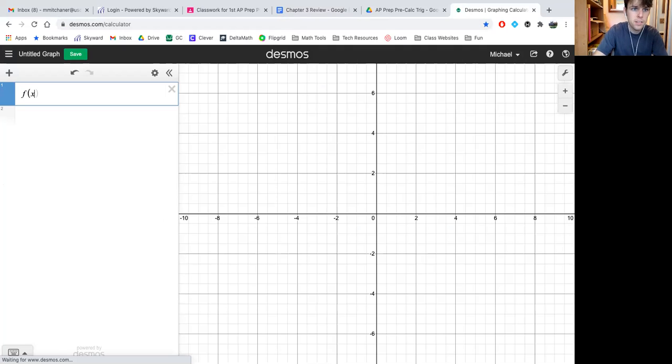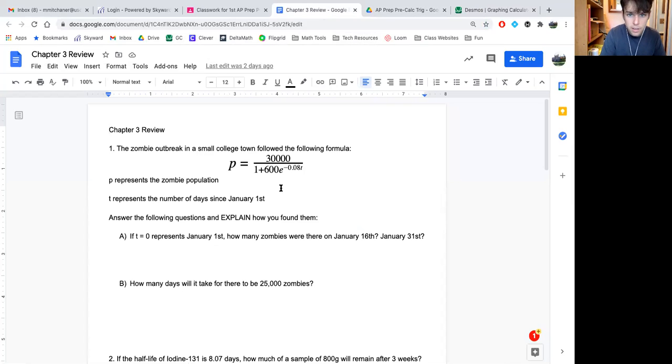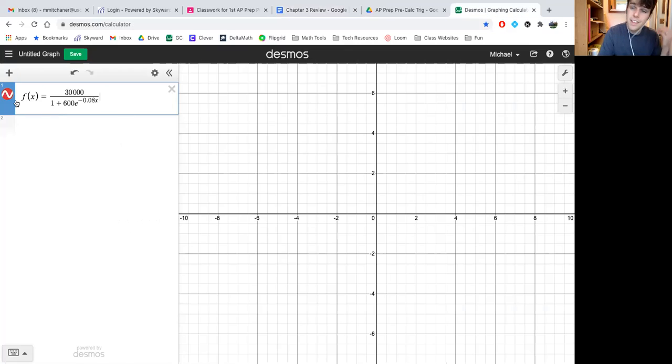So f of x instead of p equals 30,000 over 1 plus 600 e to the negative 0.08x. We'll just verify that that was accurate. Looks good. Okay, so in this case, f of x represents population, and x represents the number of days, the t variable.